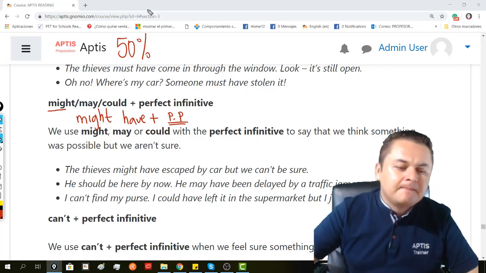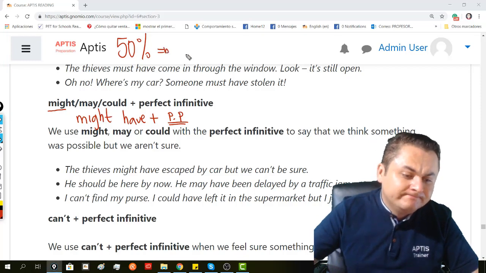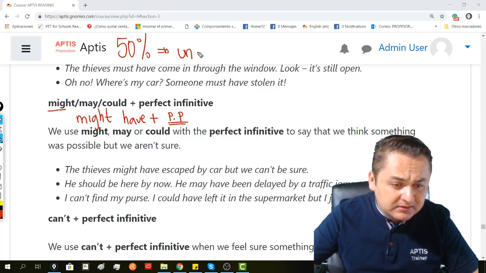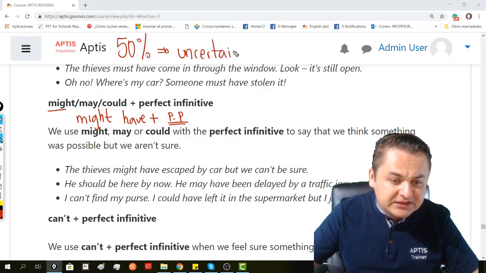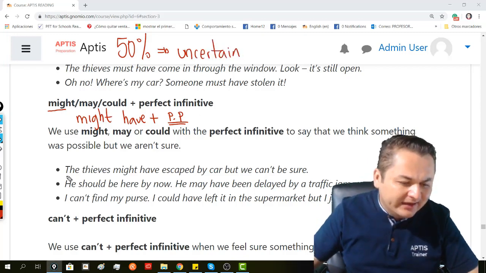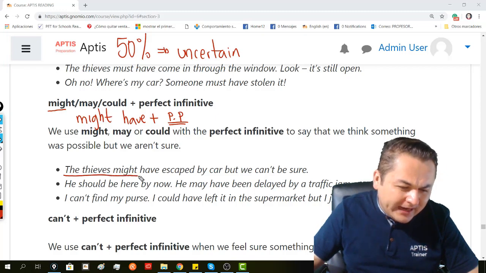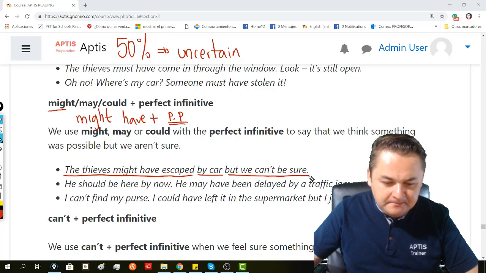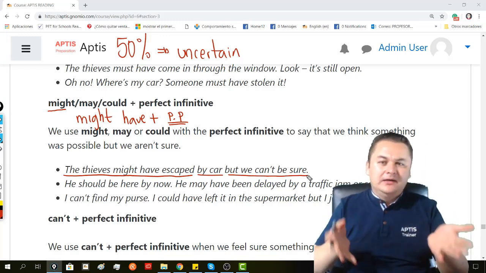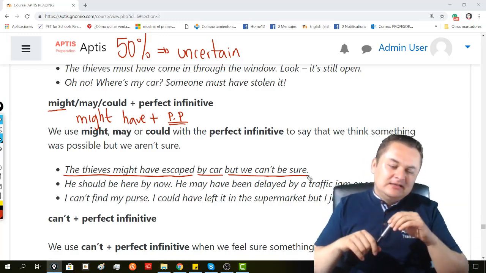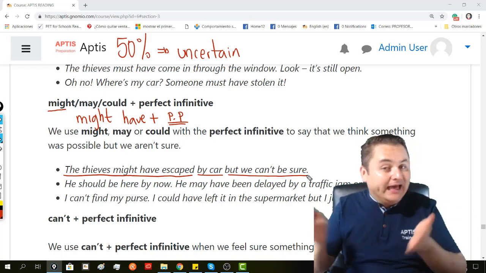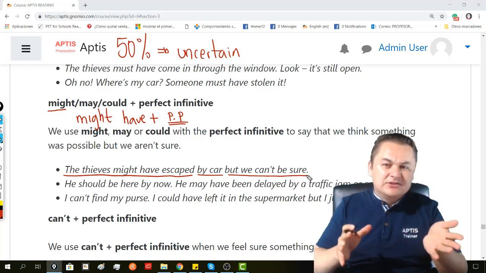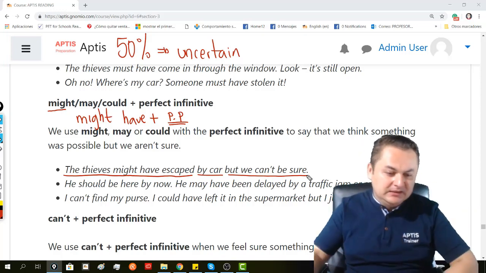So I say, well, I don't know. If it is uncertain, if it is not sure, I can say, well, the thieves might have escaped by car, but we can't be sure. It might have happened, but again, not 100%, only 50% sure.